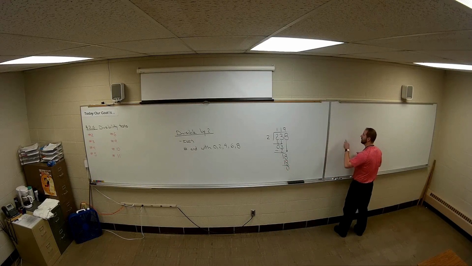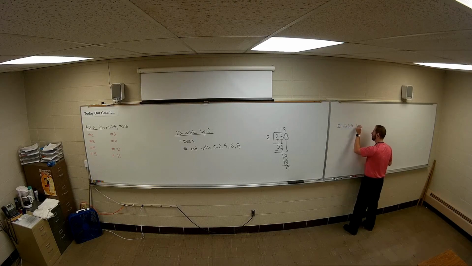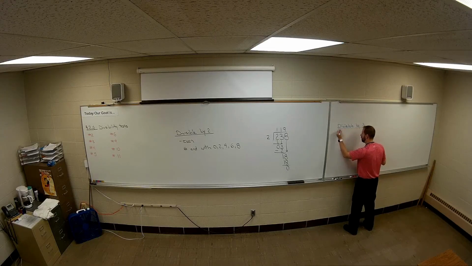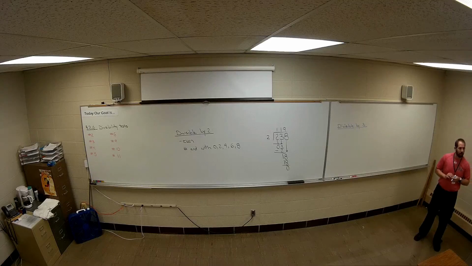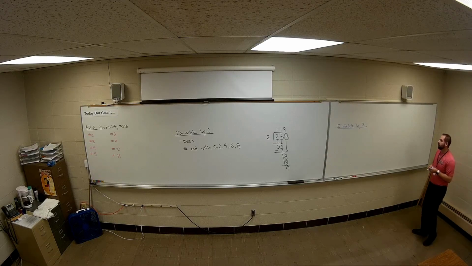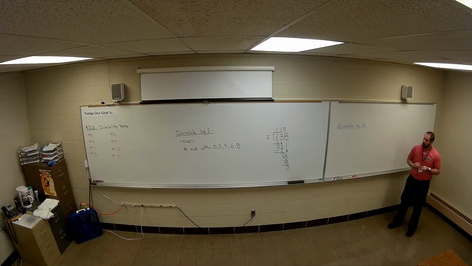How do we know if a number is divisible by 3? That the number 238 is not divisible by 3.